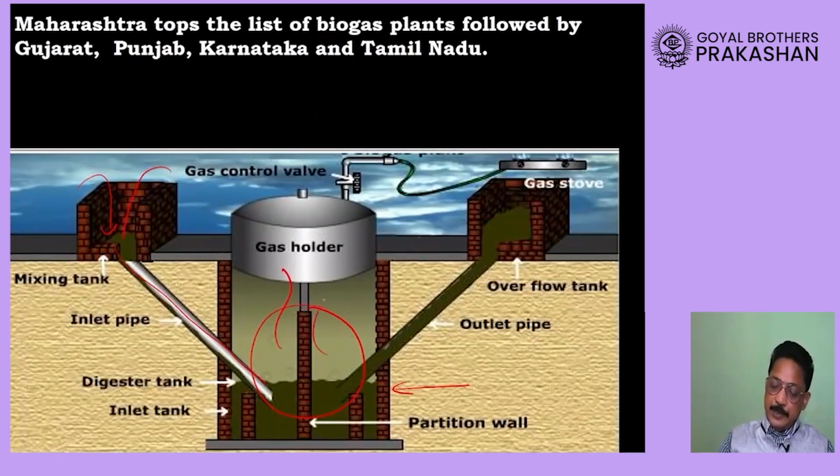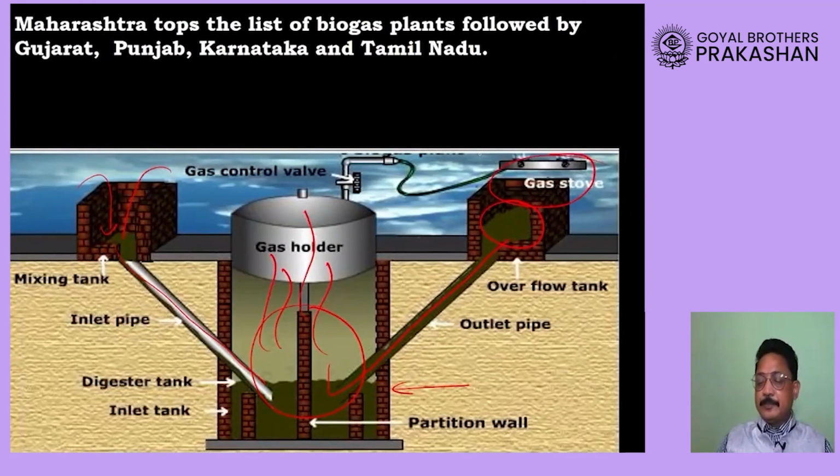During this process, the gas which is produced is methane gas, and after it gets completely decomposed, the residue will rise up, which turns into a very good fertilizer. And the methane gas that is produced can be utilized for, yes, cooking food.